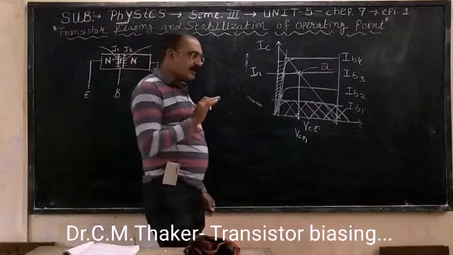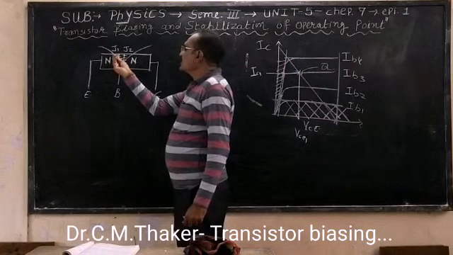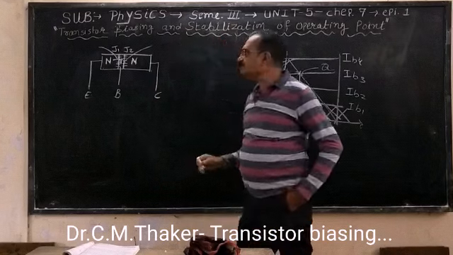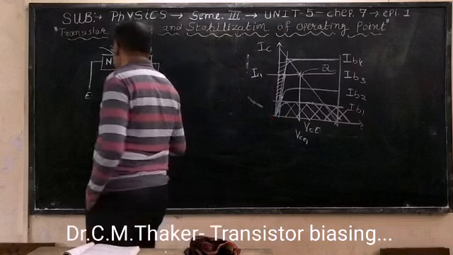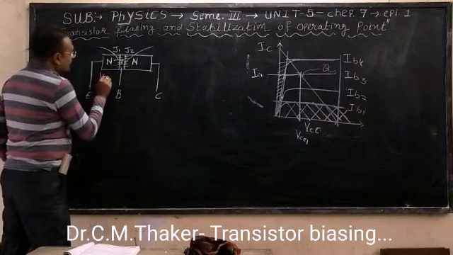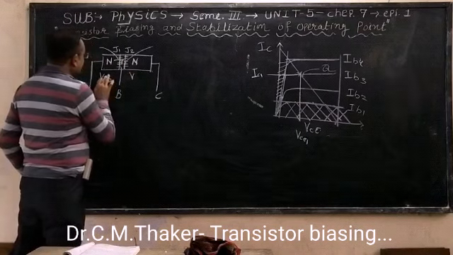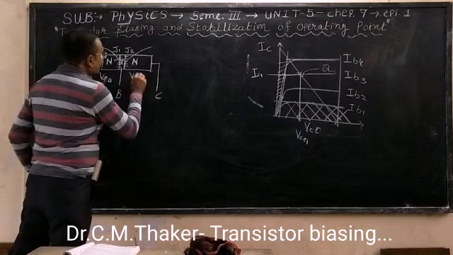That means whenever current flows, it will feel a resistive path here and here also, and that is why there is a voltage drop. That voltage drop is known as VEB and VCB.